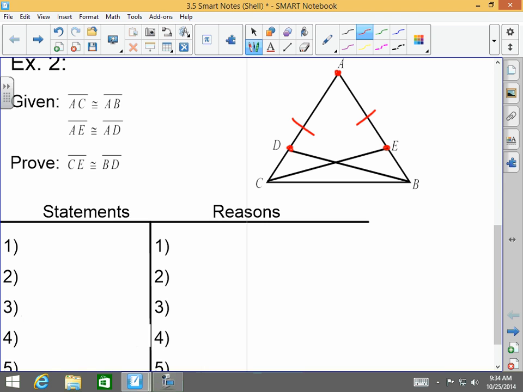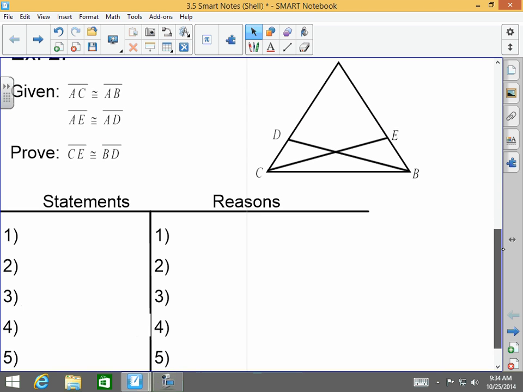It's kind of hard by just placing one tick mark there. Then we have AE is congruent to AD. So how would you do that one? Would you do 2 here? Now you're really confused.